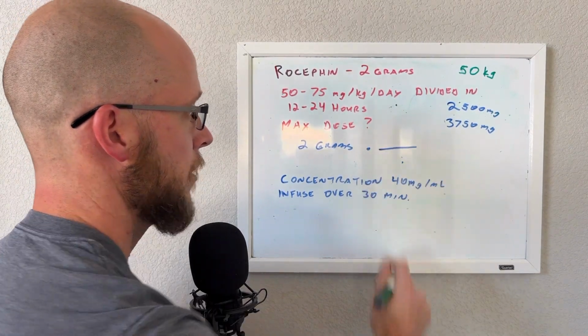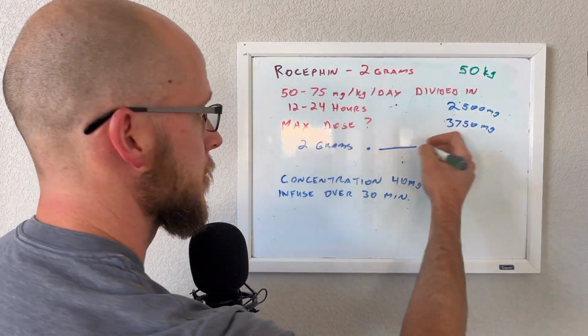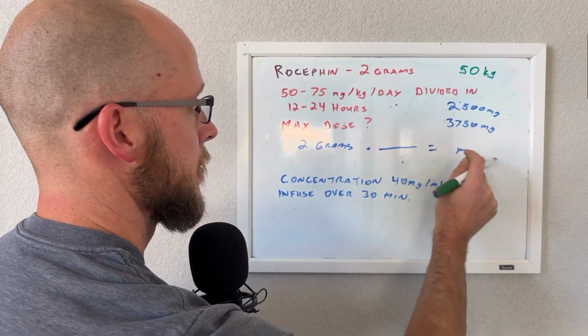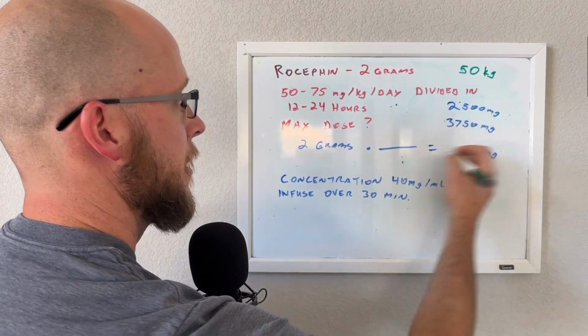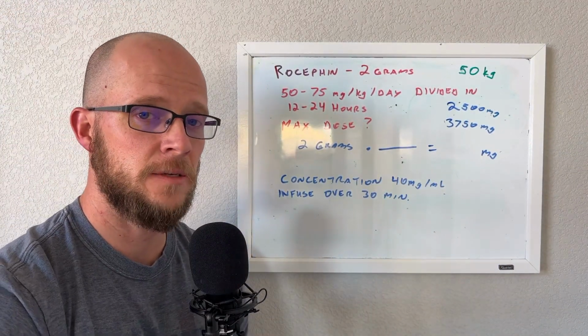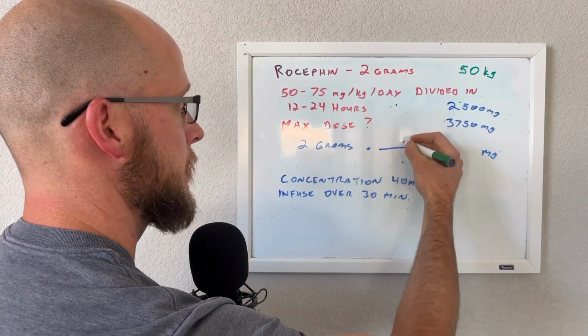And then what do we want at the end? We want milligrams, right? So we're going to go milligrams here. Milligrams there. What do we want at the top of our other fraction right before it spits out at the very end? We want milligrams here, right?